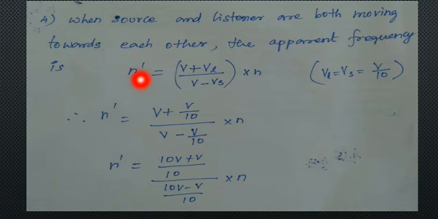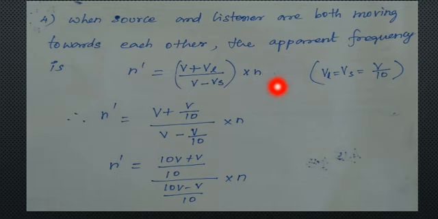From the table, n dash, the apparent frequency, is equal to v plus vl divided by v minus vs, l for listener, s for source, into n.